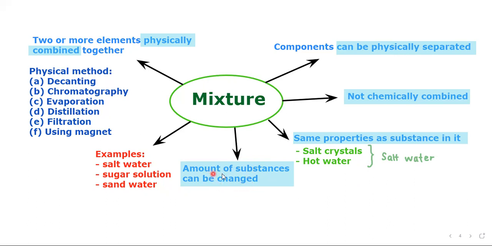That's why the amount of substance can be changed. Okay, so these are examples of mixtures, like salt water, sugar solution, and sand water. Eventually, you can still get back the same content, so they have no difference in their properties and also amount. Okay, so we are done with our mixture part.